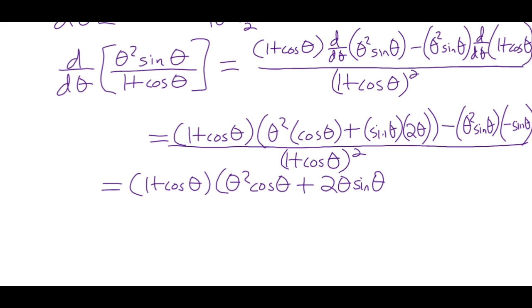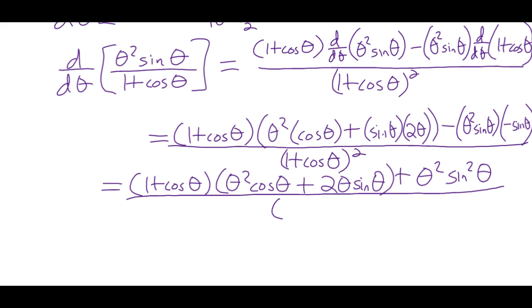All I'm doing is rearranging, putting numbers and variables ahead of the sine theta instead of behind. And then we've got plus theta squared sine squared theta, all over 1 plus cos theta squared. And that's about as far as we need to go there.